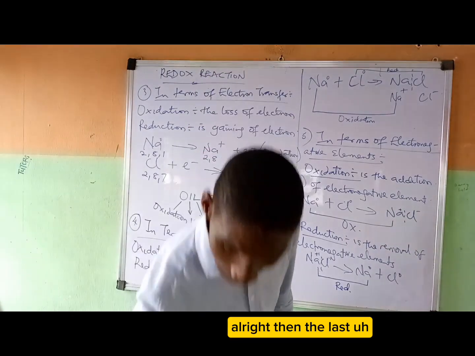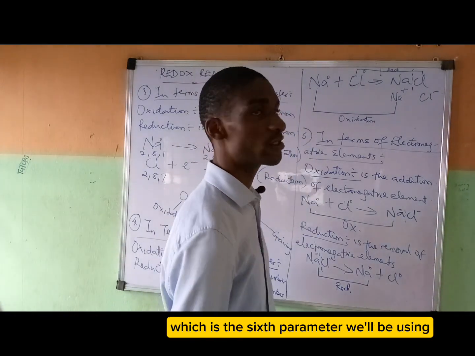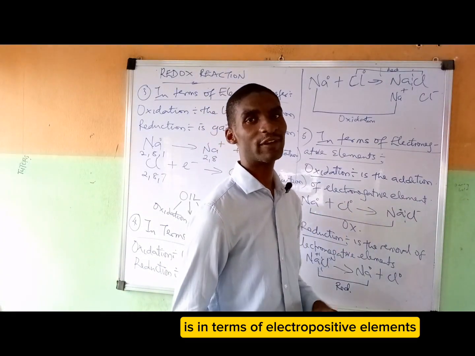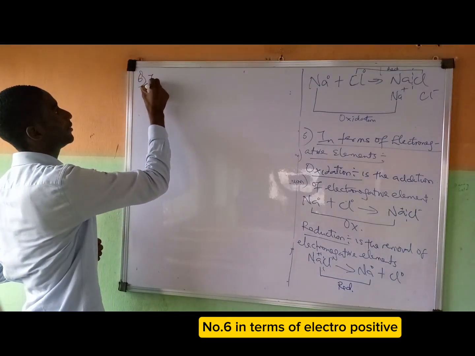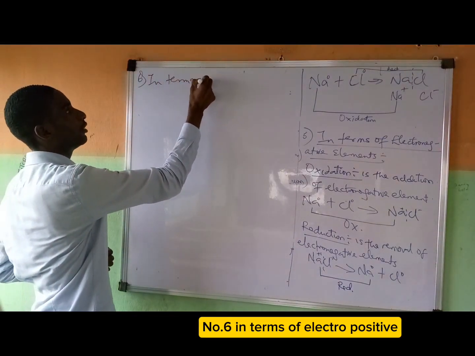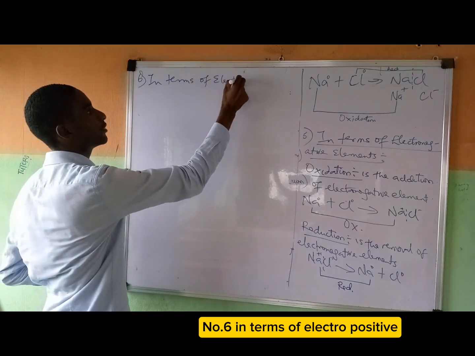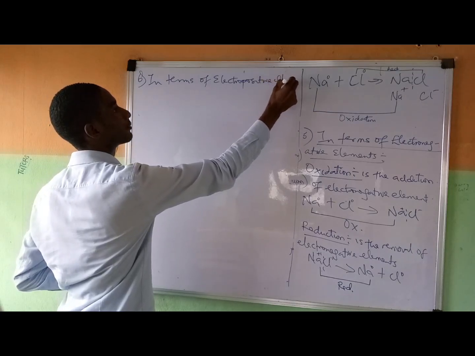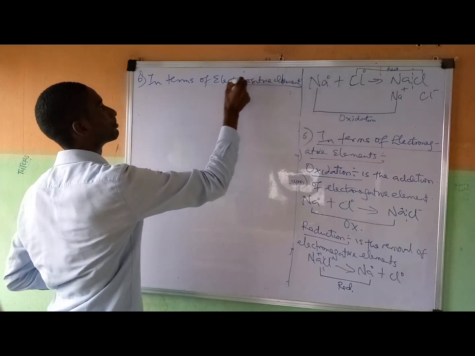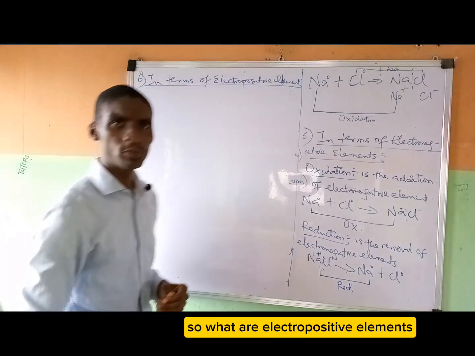Then the last, which is the sixth parameter we'll be using, is in terms of electropositive elements. So what are electropositive elements?